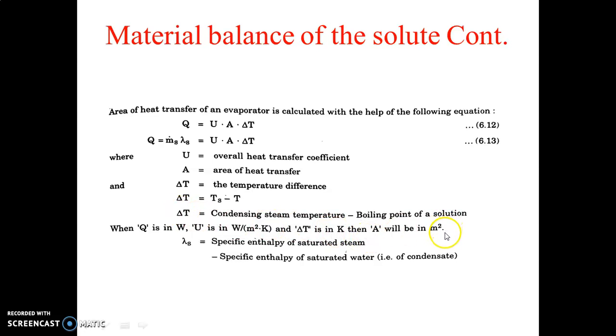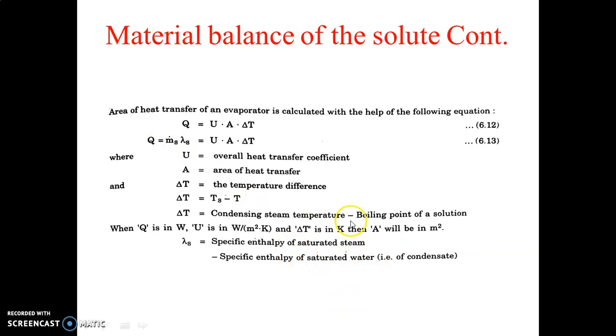Then we will discuss the units. Q is in watt, U, that is the overall heat transfer coefficient, is in watt per meter square Kelvin. Delta T is also given in Kelvin, and area you have to calculate in meter square. Okay. And this lambda s, we have already discussed that it is the specific enthalpy of saturated steam.